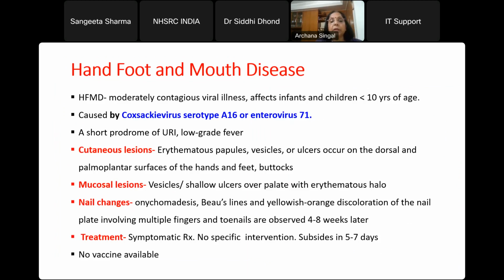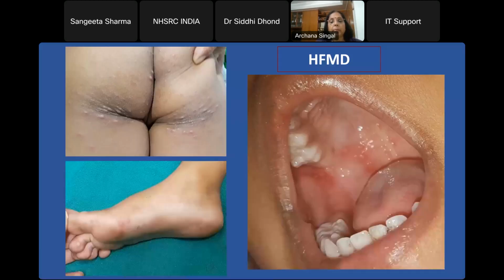Coming to hand, foot and mouth disease, I have included it because it is usually confused with chickenpox, and it is caused by a different virus, Coxsackie virus and enterovirus. Can you show the next slide please? So the patient will have lesions on palms and soles, as the name suggests, hand, foot and mouth.